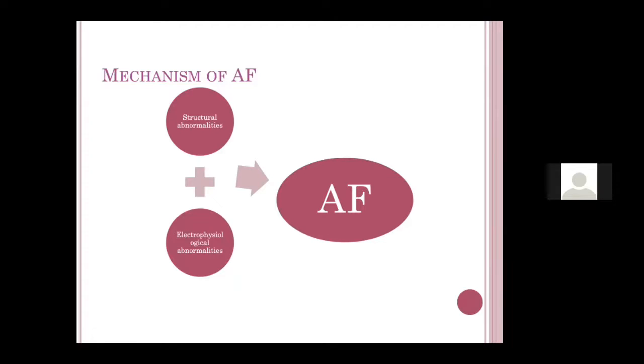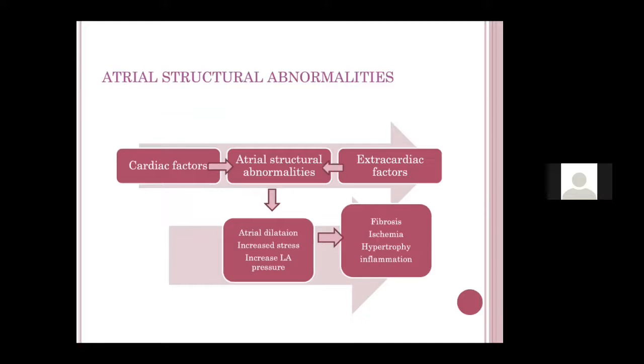In a dilated LA, there is microfibrosis which causes the re-entry. As I told you, cardiac factors cause atrial structural abnormalities, and then there can be extra-cardiac factors. All of them lead to atrial dilatation, increased stress, and increased LA pressure. So the important things are microfibrosis, inflammation, and hypertrophy inside the atria, which cause a micro re-entry circuit.